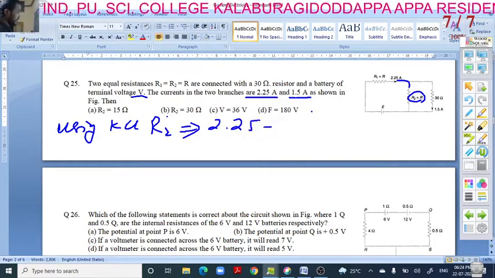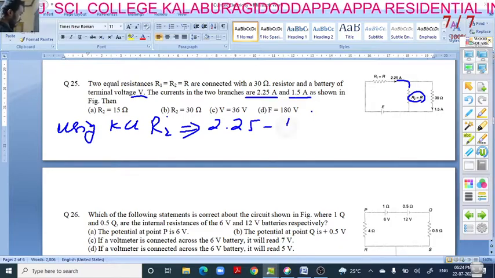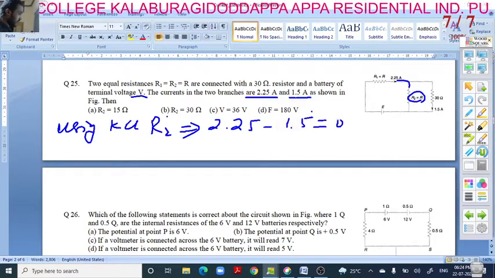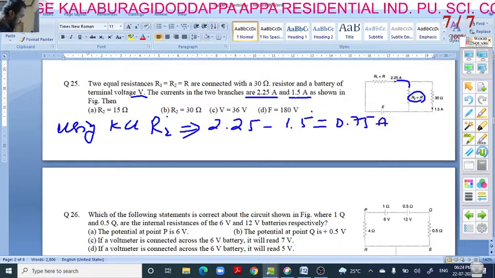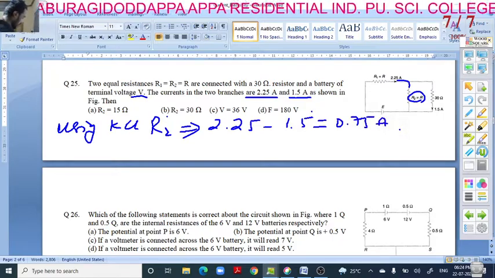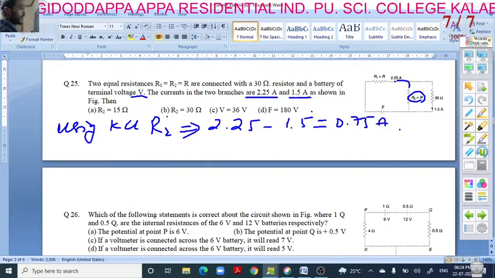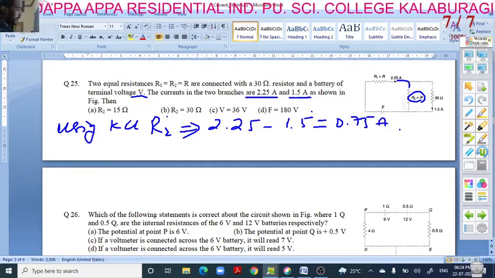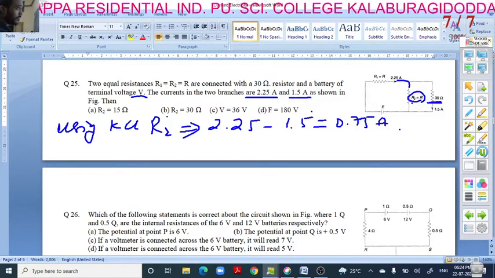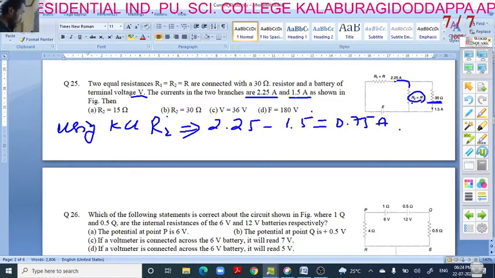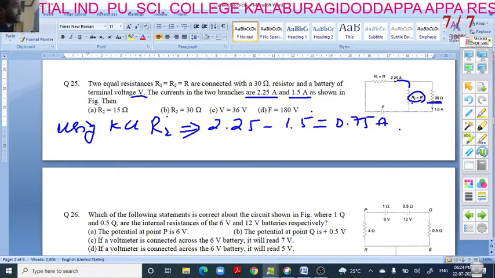The current is 2.25 minus 1.5, which becomes 0.75 ampere. Also, since R2 is parallel to 30 ohm, R2 must be 60 ohm here.